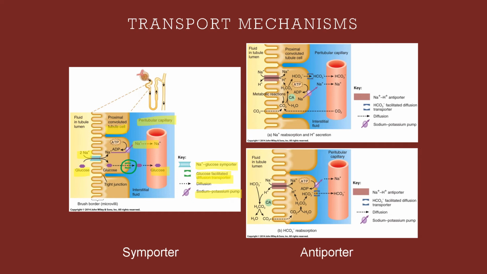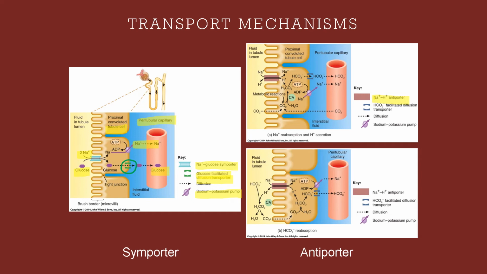The next figure we have here on the top right is going to use the sodium-hydrogen antiporters. You can also see this in the apical membrane of the PCT cell.